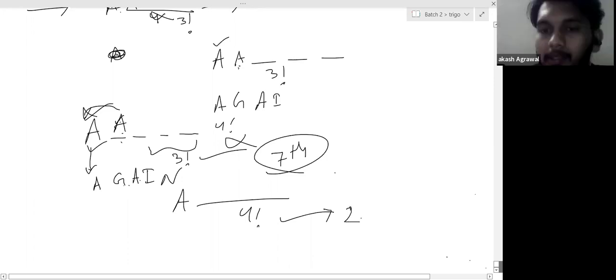So 24 words are gone starting with A. So next letter will not be A because they are the same. All right. So next letter will be G, right? So with G also, how many words will be gone? 4 factorial by 2 factorial. So 12, right?